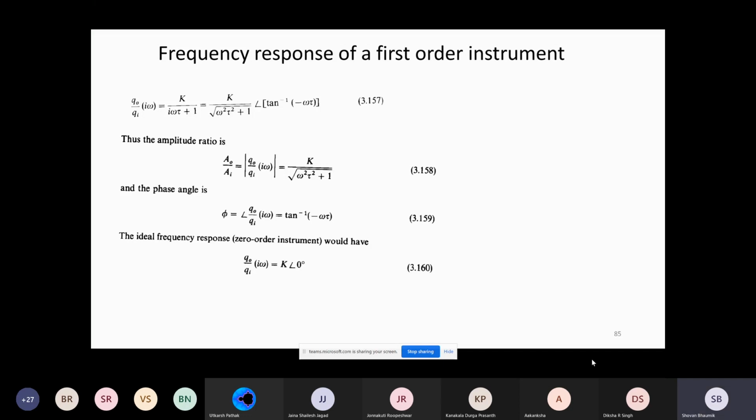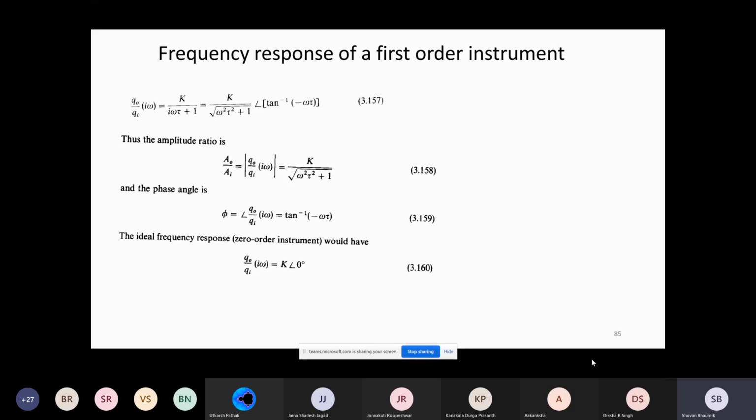Suppose instead of giving a sinusoid to a system, you give some arbitrary input which can be decomposed into many sinusoidal inputs. For individual sinusoidal inputs, you know what the output will be, and for that signal, the output will be the sum of all the sinusoidal outputs.